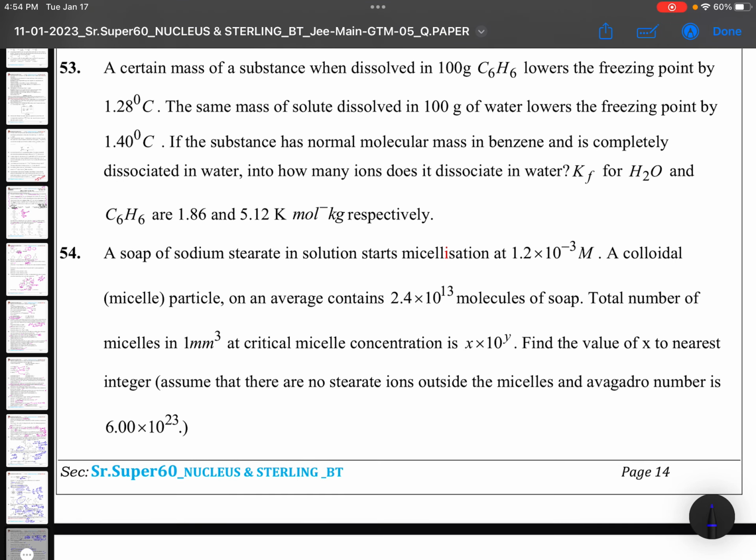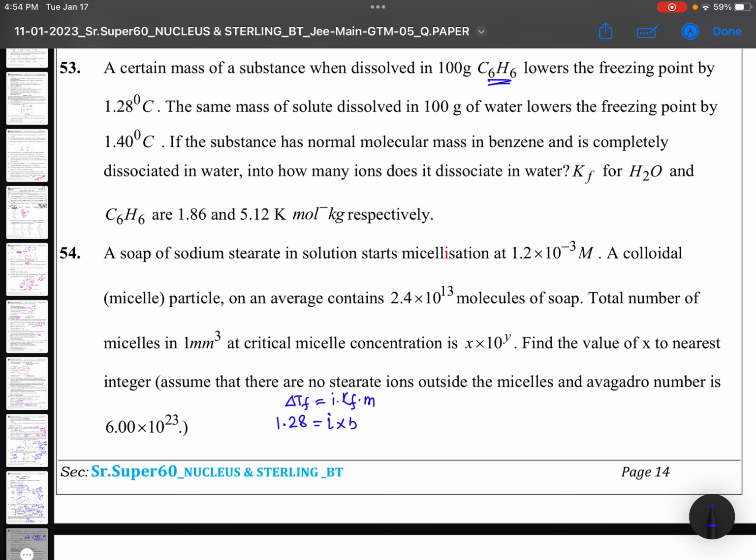We'll check this question. 1.28, delta TF is equal to i Kf m. Kf for benzene is 5.12. The i value we don't know.